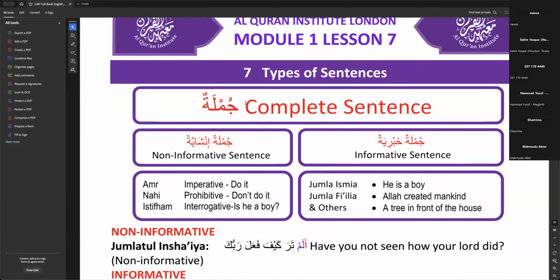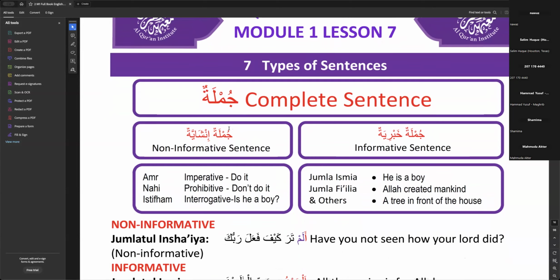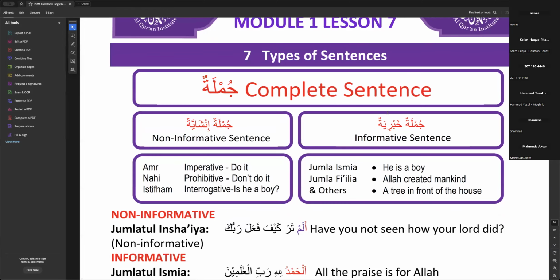Sentence in Arabic, we call it jumla. There is jumlatun insha'iyya, non-informative sentence, and then we have jumlatul khabr. This kind of sentence contains information, and jumlatul insha'iyya is non-informative.